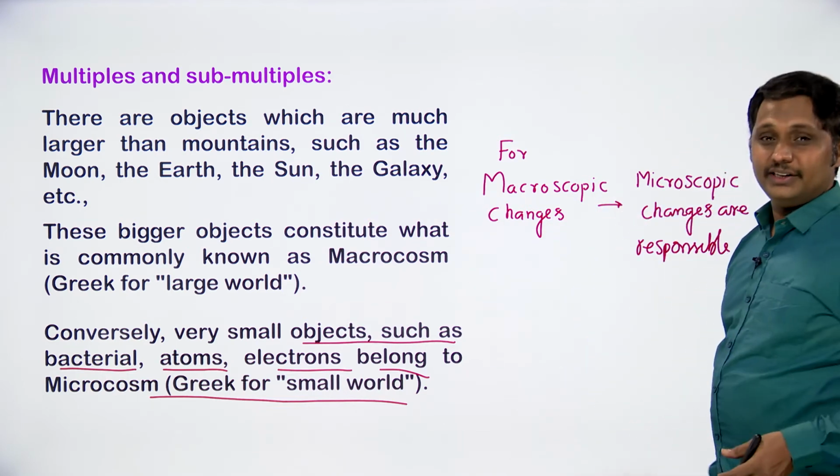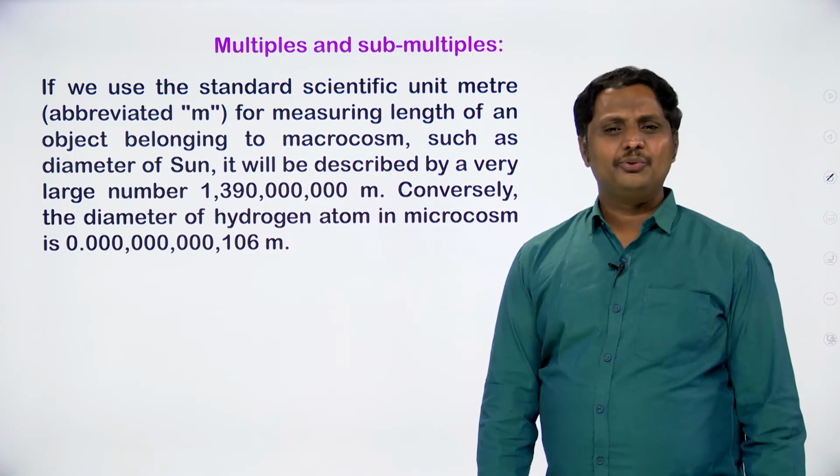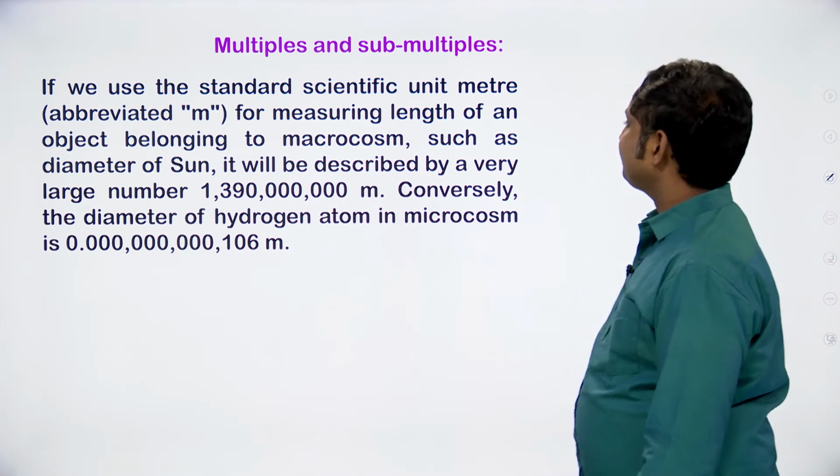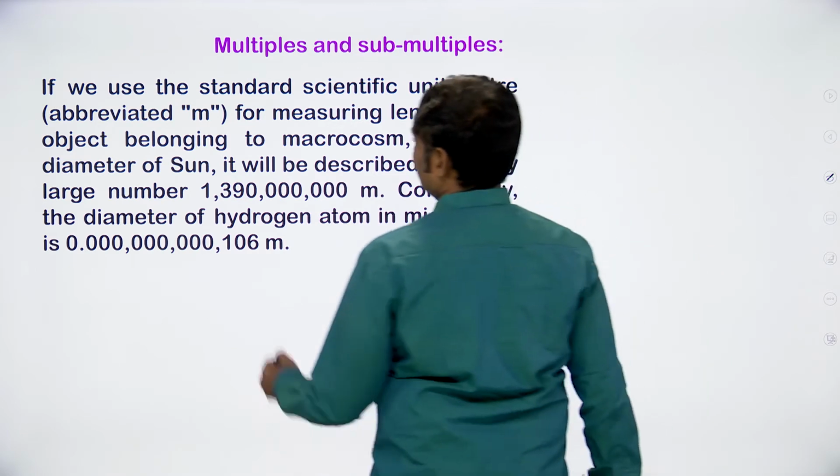We would like to go for that. Just you have to see, if you are going to get the diameter of the sun, it is going to be a very large value.